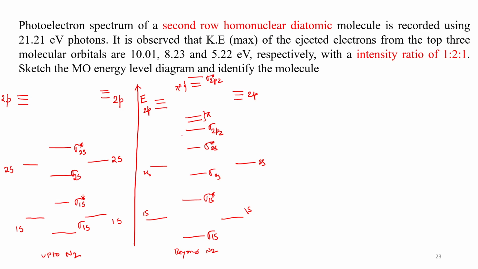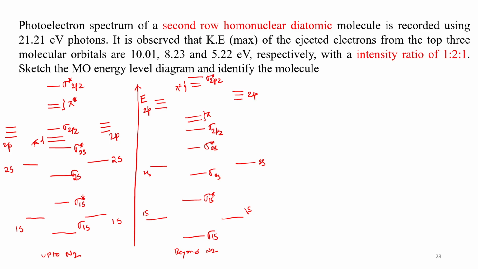But in the case of up to nitrogen, I should draw the 2s and 2p close, because they are really close. So there is sp mixing, and that is why the pi orbitals are going to be here, then the sigma 2pz, then again the pi star, and then the sigma star 2pz.